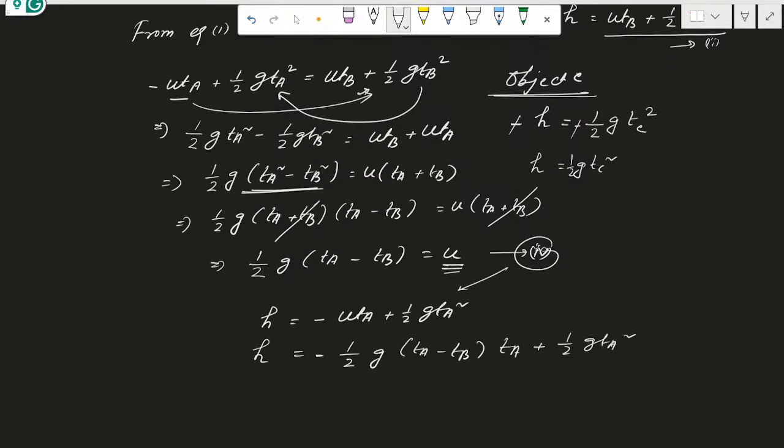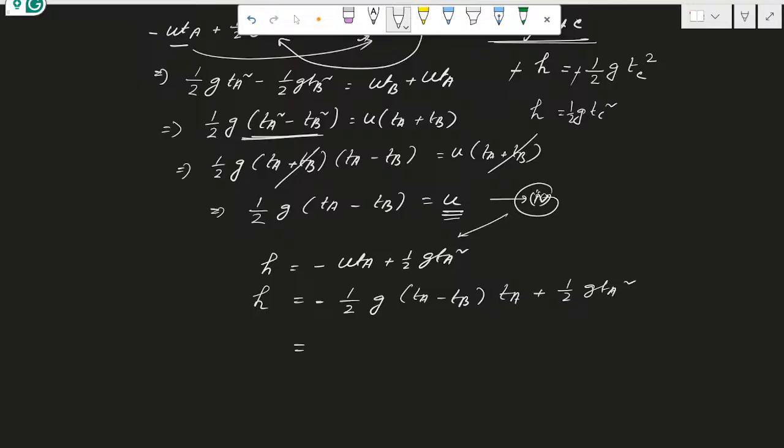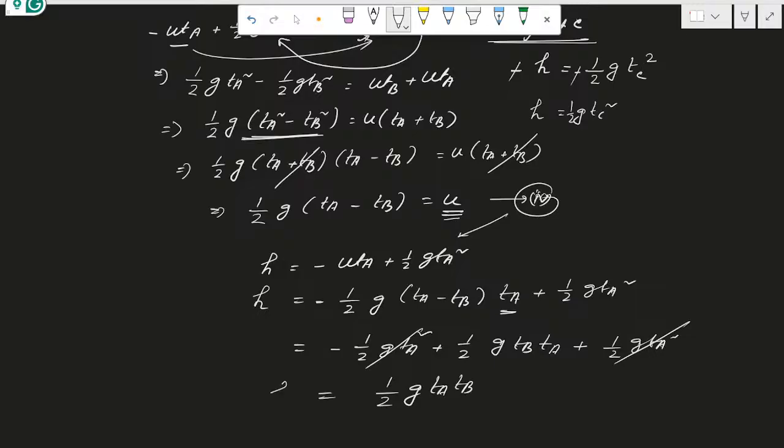Now you just need to simplify it. Minus half g ta square plus half g ta tb, because this term was there, then half g ta square, so this gets cancelled. Only you have half g ta into tb, that is equal to h. And this is equation 5.